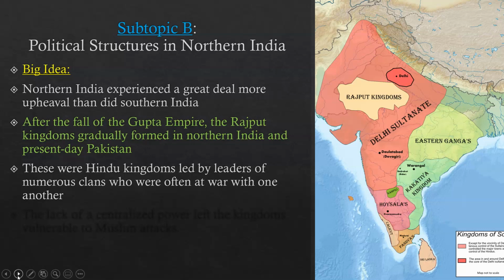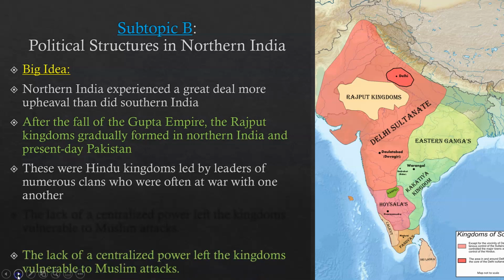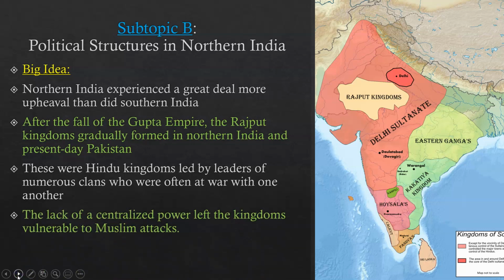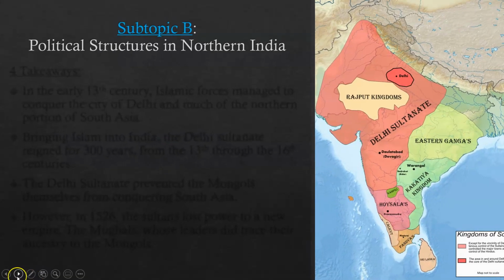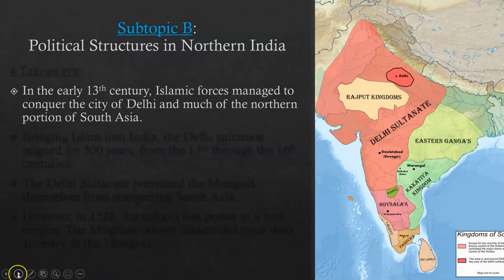These were Hindu kingdoms led by leaders of numerous clans who were often at war with one another. So because they're at war with one another, they kind of made themselves vulnerable to a foreign attack, right? So they were vulnerable to Muslim attacks, right? The old divide and conquer is even easier when they divide themselves.